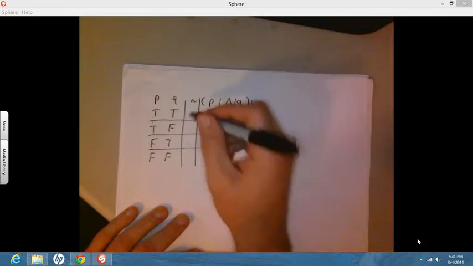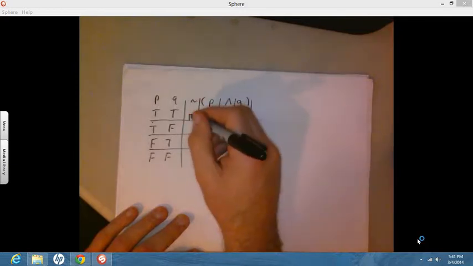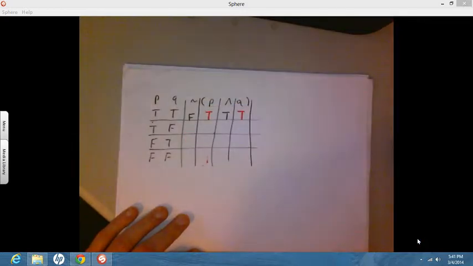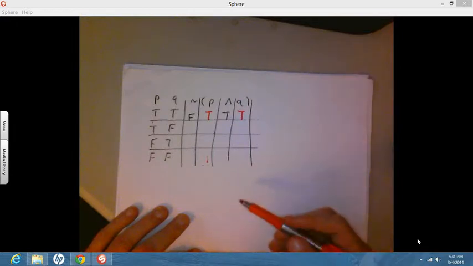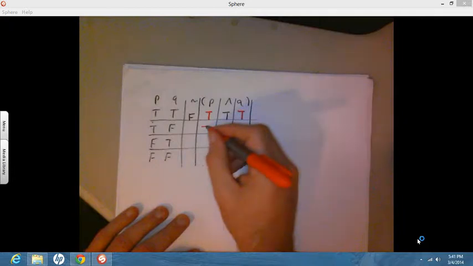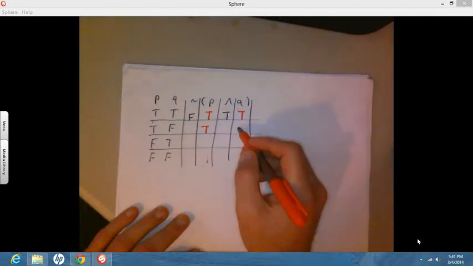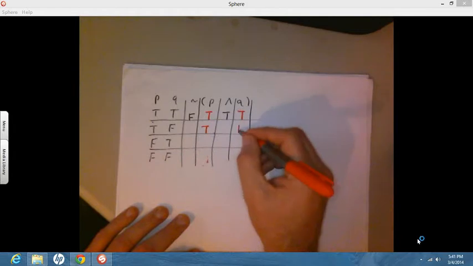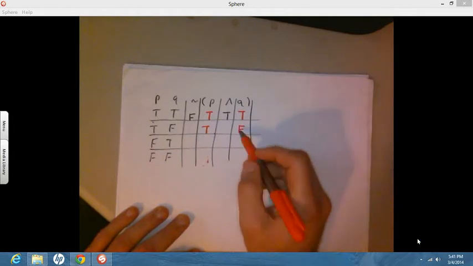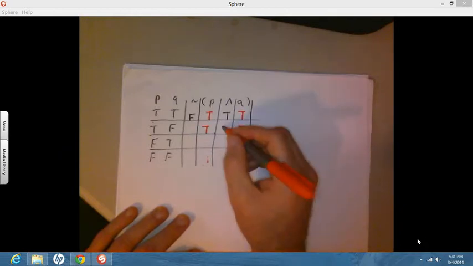I always work in the parentheses first. The value of P here is true. The value of Q here is false. So the value of true and false, remember, is going to be false. It's only true if there's a true on the left and there's a true on the right.